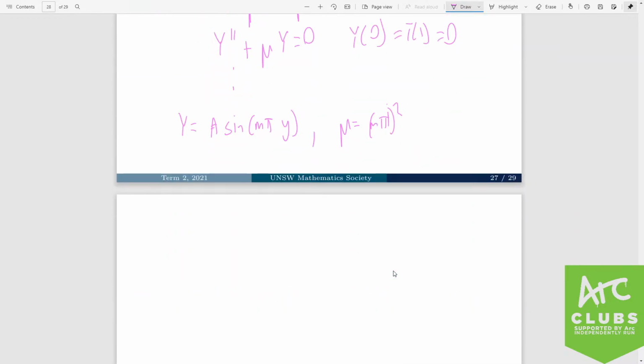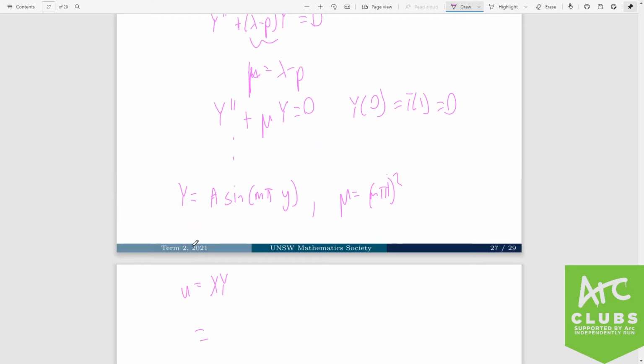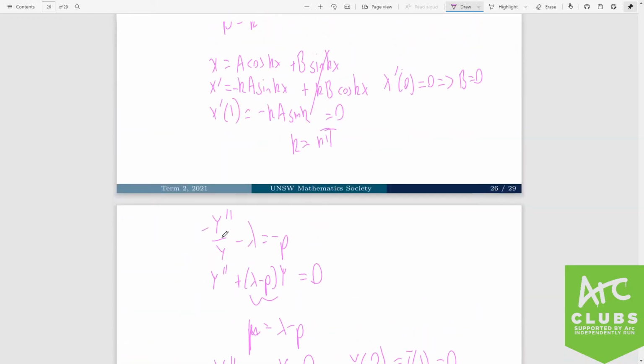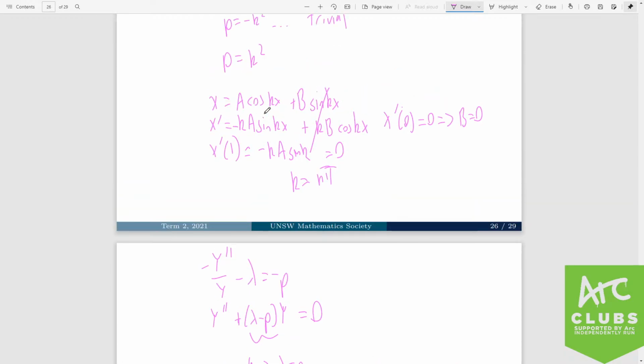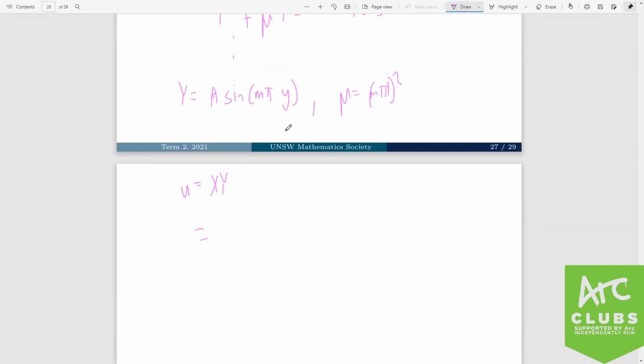So these are just the solutions, so we combine it. So u equals X times Y, which is equal to, we ignore the constants at the front, so X was a cos kx.